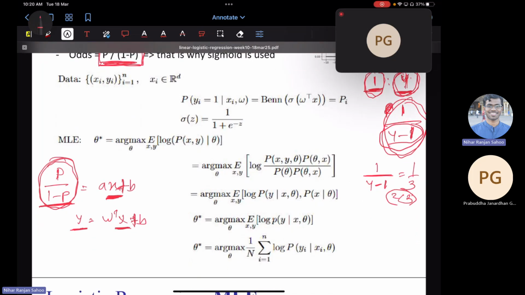What is the logistic function? Logistic function or the sigmoid function, synonymous names. Sigmoid of x is 1/(1 plus e to the power minus x), right?